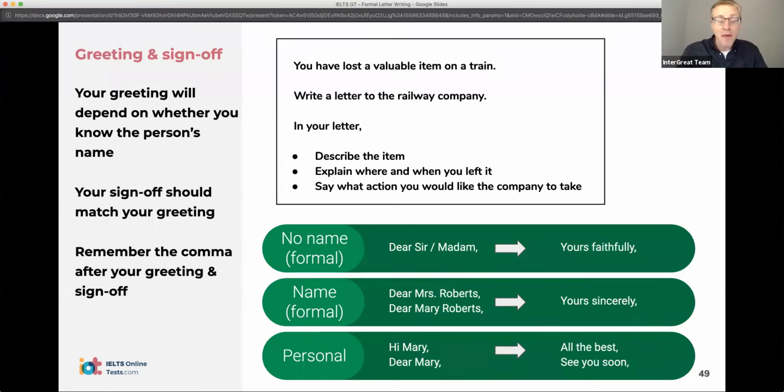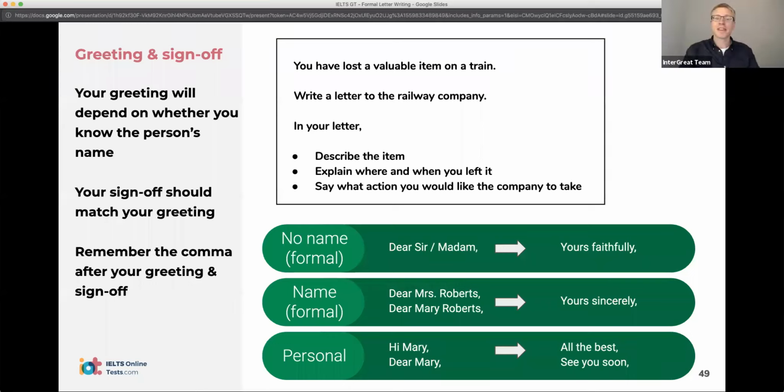A related question here from Anusha. Anusha is asking, would it be a great idea if we use idioms and phrases or quotes in any of these letters? I can't really see a situation where you would use a quote.